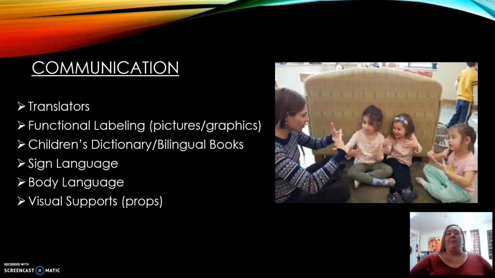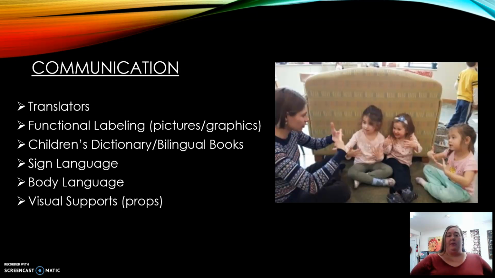Communication is one of the most important things that you can do in a diverse classroom. Communication includes having translators who can help speak to children in their native language. This also means that you personally may be able to learn more about that child's language and be able to speak to them one or two words in their native language.